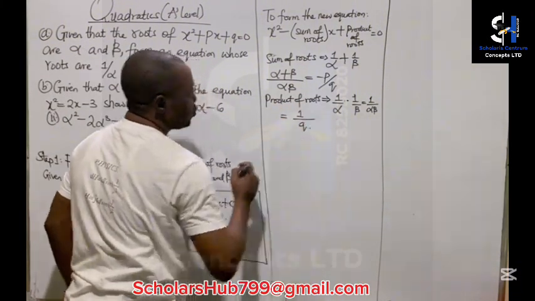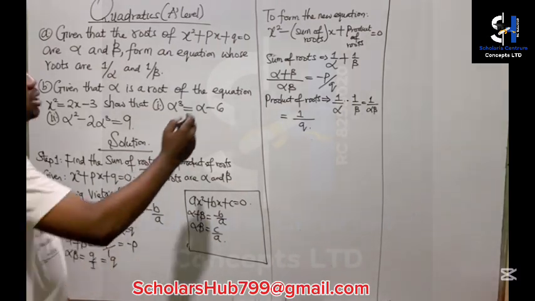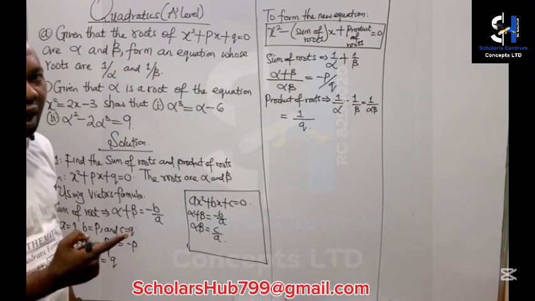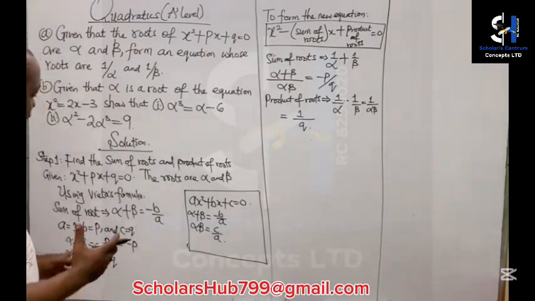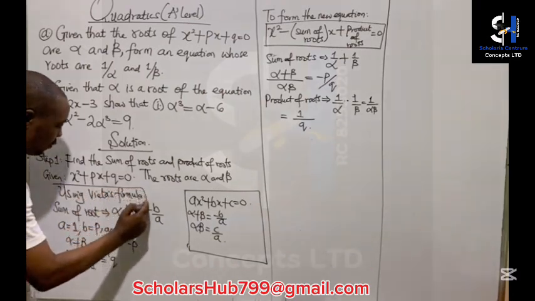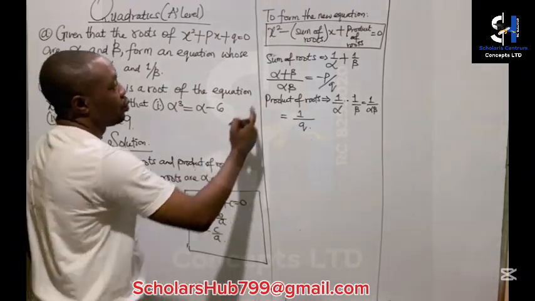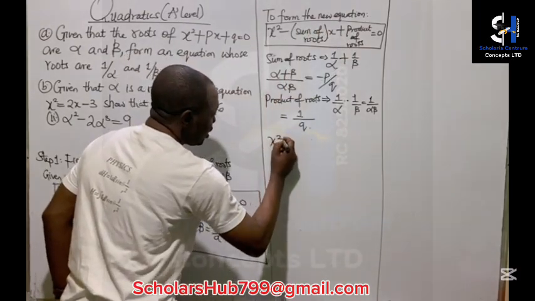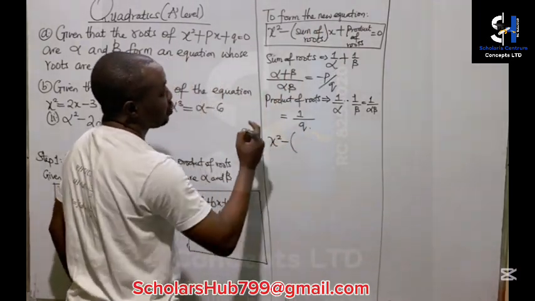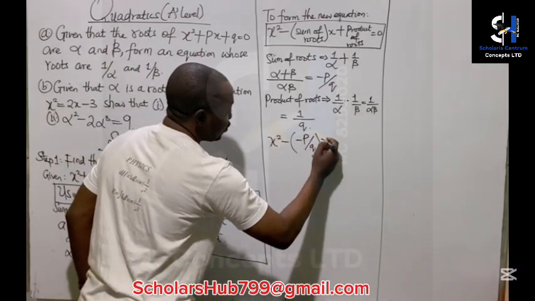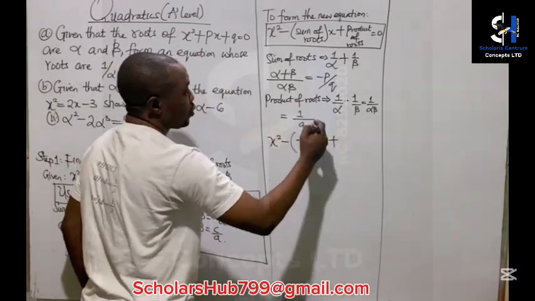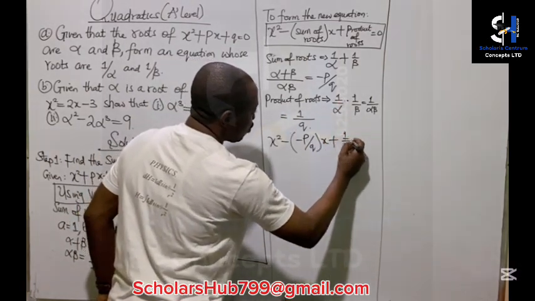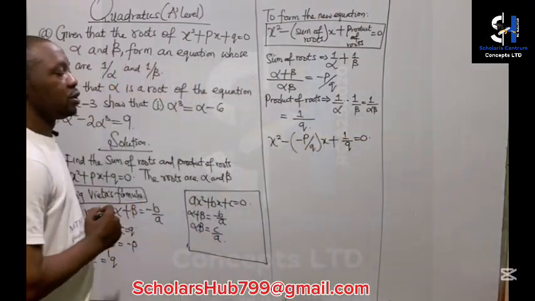So to form the quadratic equation whose roots are 1 over alpha and 1 over beta, like I said, we're using Vieta's formula. We plug the sum of roots into this equation. So we have x squared minus (negative p over q) times x, then plus the product of roots, 1 over q, equals 0.